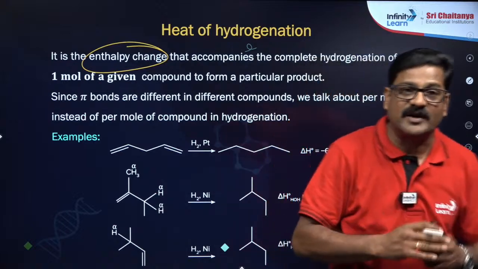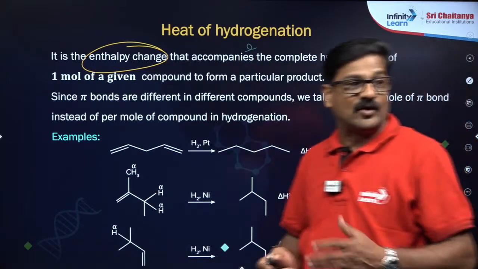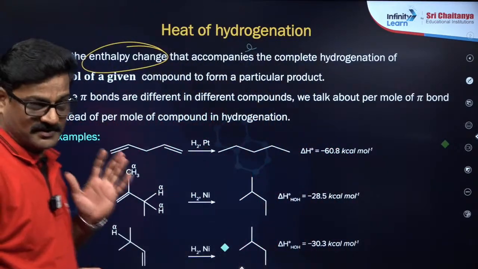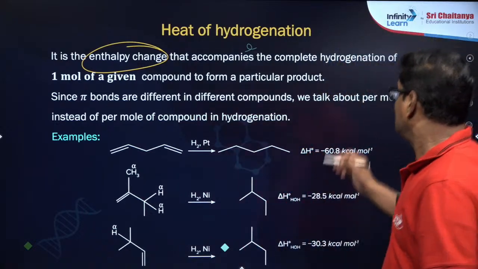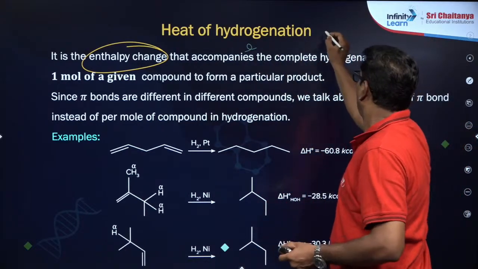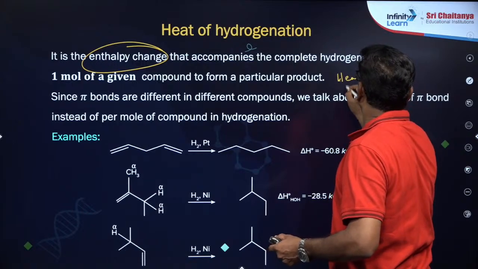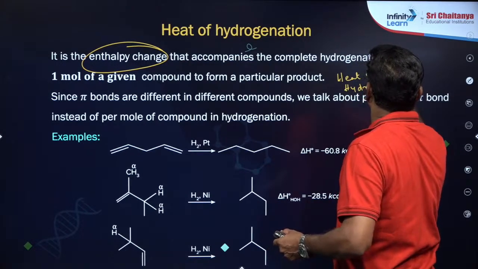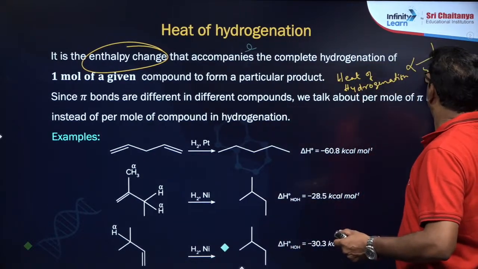It is the heat liberated when 1 mole of alkene is hydrogenated, called heat of hydrogenation. And this heat of hydrogenation is inversely proportional to stability.